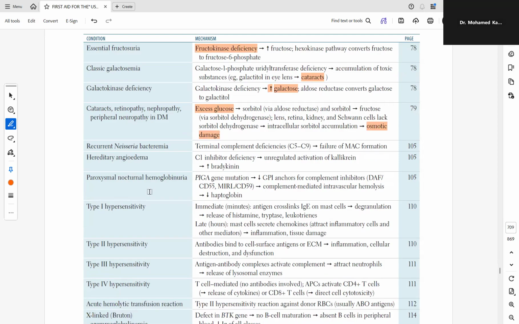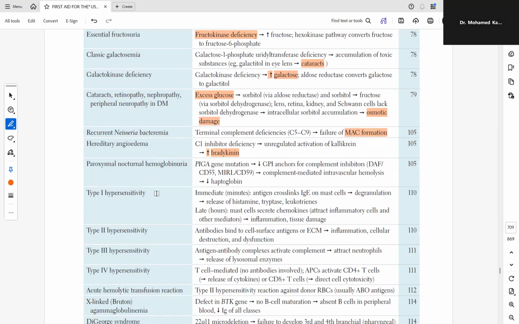Recurrent Neisseria bacteremia, this is a bacterial infection. Terminal complement deficiency: we have what's called the complement system. It is a part of the immune system. C5 to C9, then failure of membrane attack complex formation. Hereditary angioedema: C1 inhibitor deficiency leads to unregulated activation of kallikrein with increased bradykinin, and leads to the signs and manifestation of hereditary angioedema.